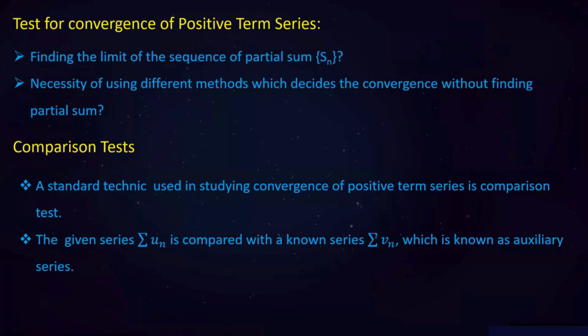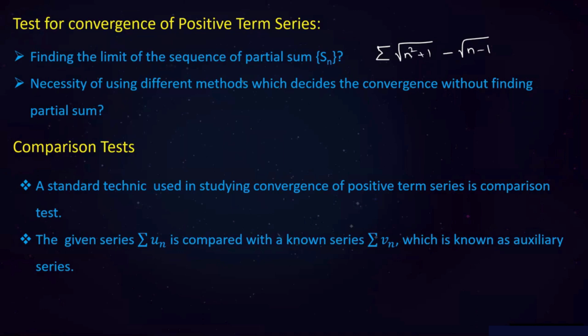But in practice, it will be difficult to find the sum of first n terms in many cases, right? For example, if I take one simple series here, summation square root of n square plus 1 minus square root of n minus 1. If this is a series you are given, right?